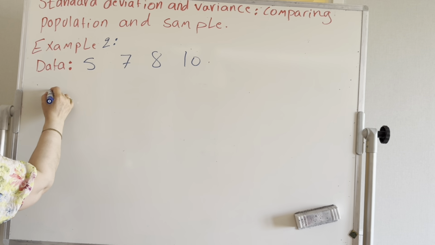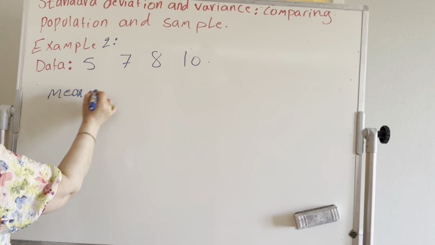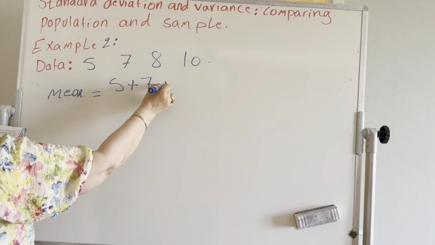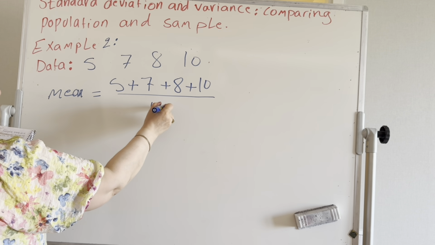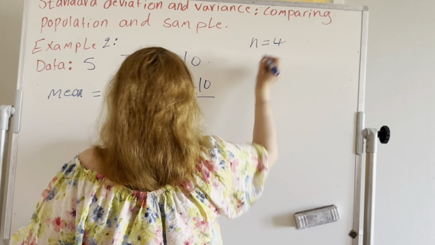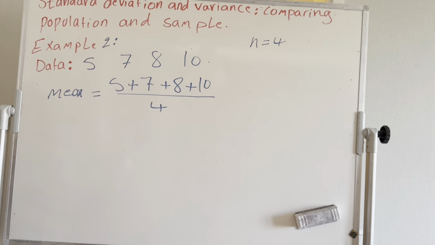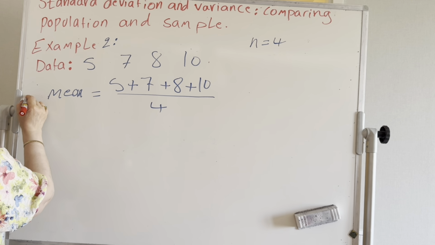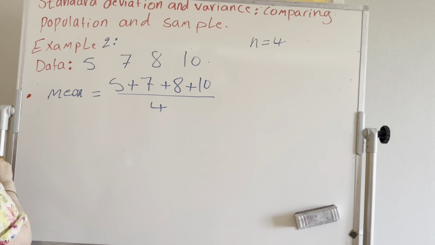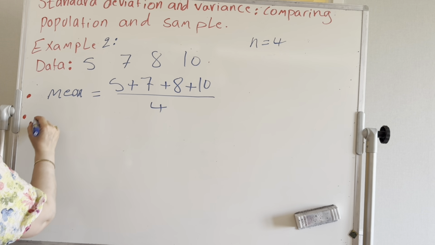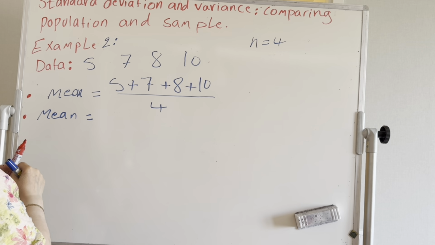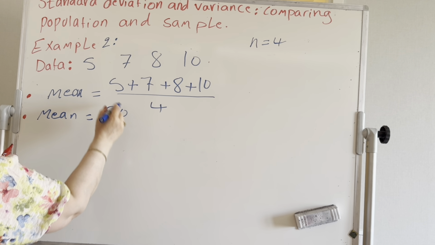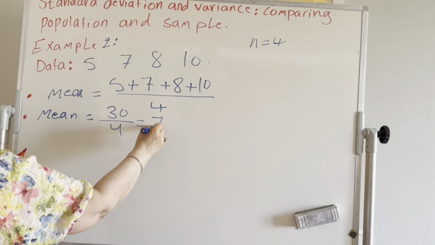The mean equals 5 plus 7 plus 8 plus 10 divided by n. N equals 4. 10 plus 8 is 18, plus 7 is 25, plus 5 is 30. 30 divided by 4 equals 7.5.